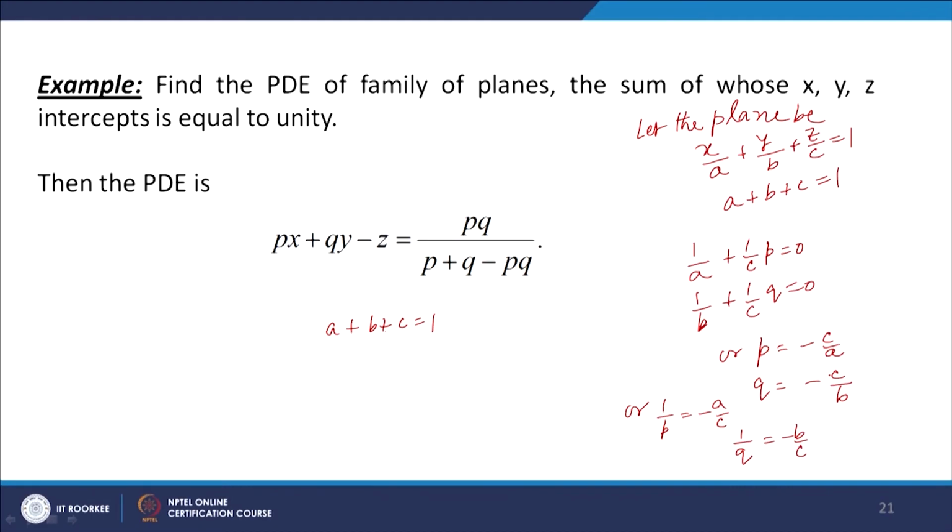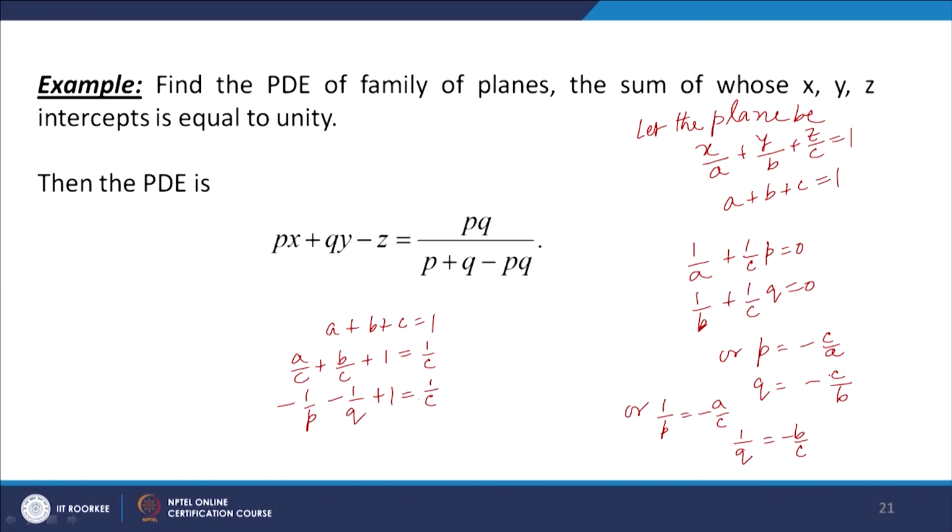Since a plus b plus c is equal to 1, we can divide this equation by c. So a by c plus b by c plus 1 is equal to 1 by c. And what we get here is a by c equal to minus 1 by p, and b by c equal to minus 1 by q, plus 1 equal to 1 by c.